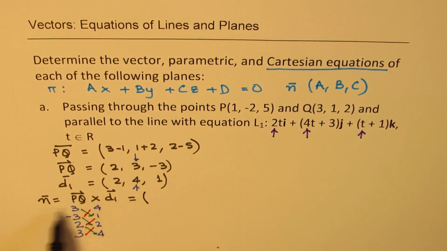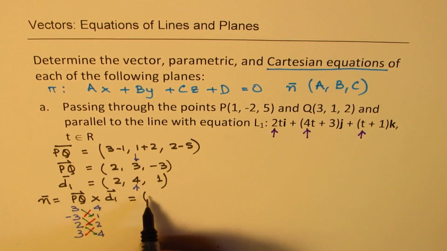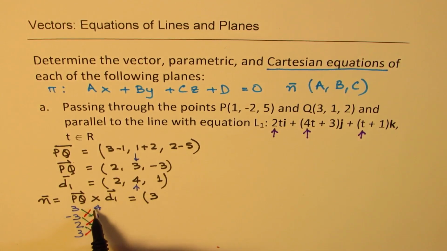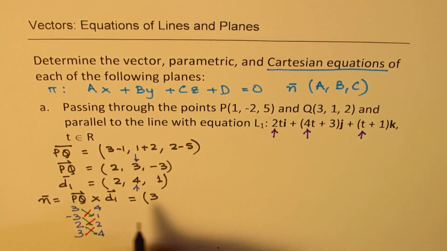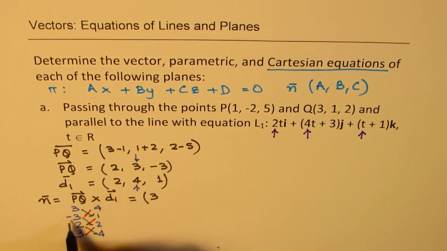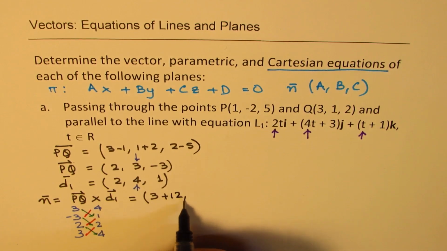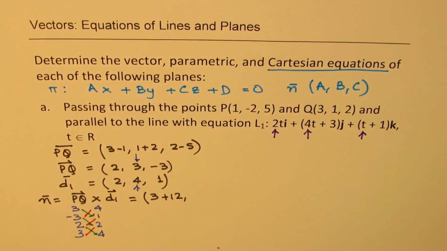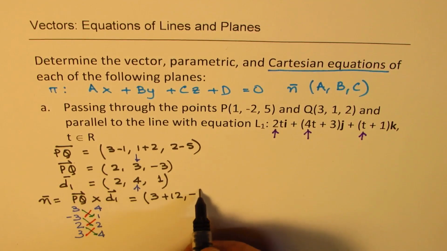So let me show you that. The positive components: 3 times 1 is 3, and 4 times minus 3 is negative, but when I do 4 times 3 it's 12, and the negative of that makes plus 12. So that is how I am going to get my normal. So minus 3 times 2 is minus 6, and take away 2.